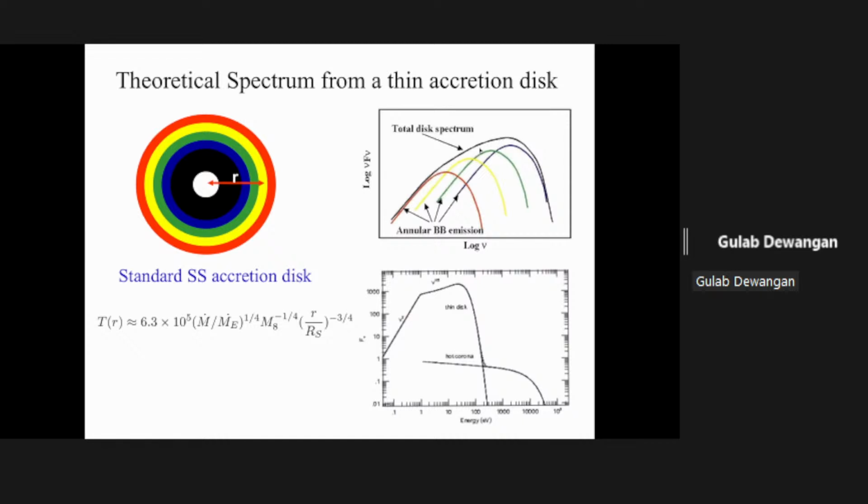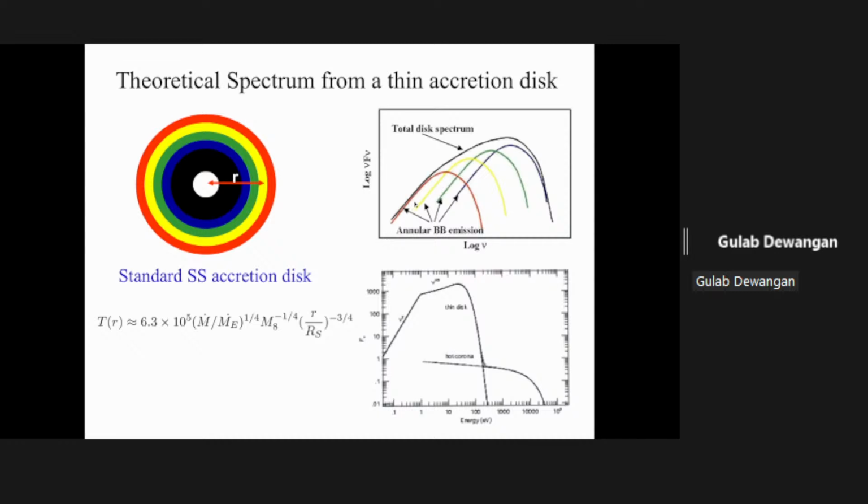In the intermediate region of this spectrum, maybe in the optical ultraviolet band, it looks more like a power law, because in the log plot it looks linear. This power law is essentially nu to the power 1/3. And of course there is a Wien tail at high frequency because of the highest temperature in the innermost accretion disk, and a Rayleigh-Jeans spectrum at much longer wavelength.